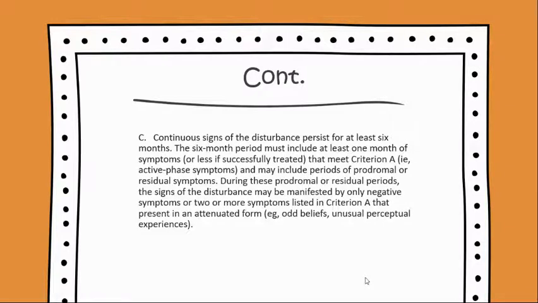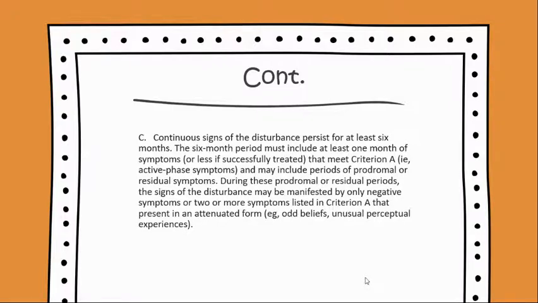C. Continuous signs of the disturbance persist for at least 6 months. The 6 month period must include at least 1 month of symptoms, or less if successfully treated, that meet criterion A, which is the active phase symptoms, and may include periods of prodromal or residual symptoms.